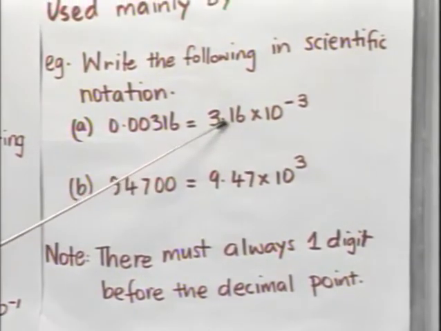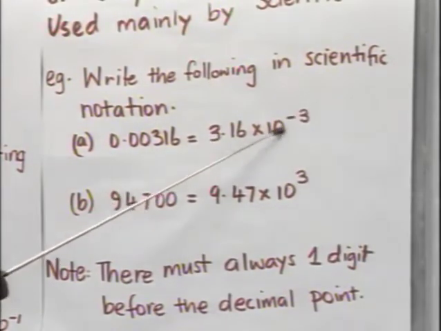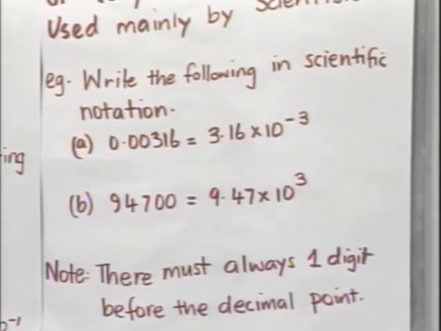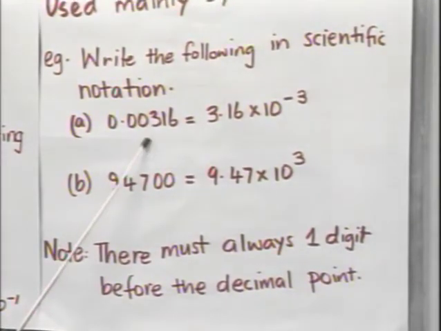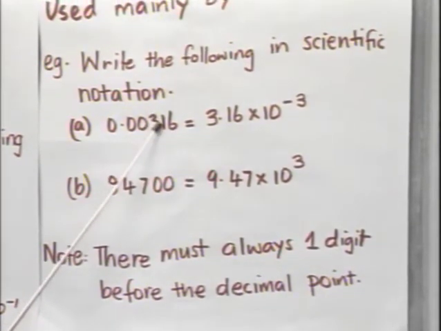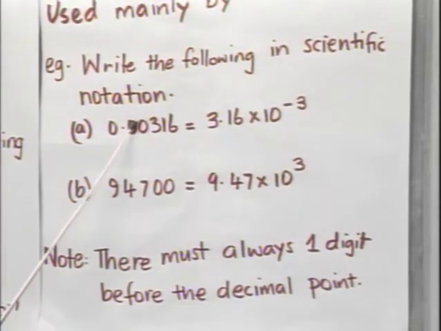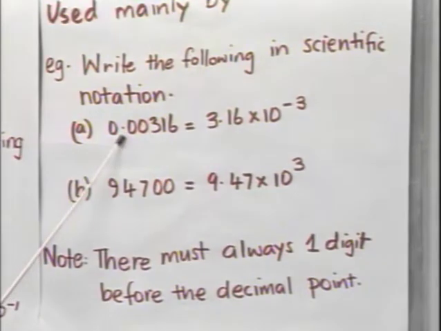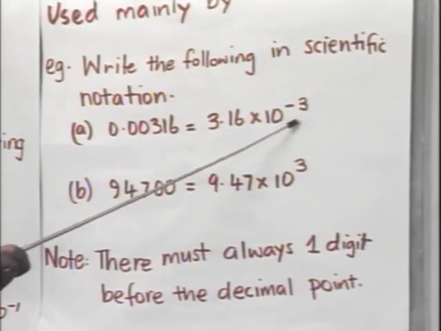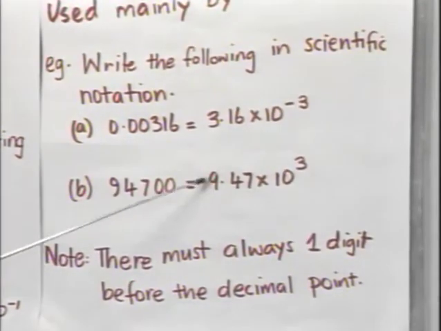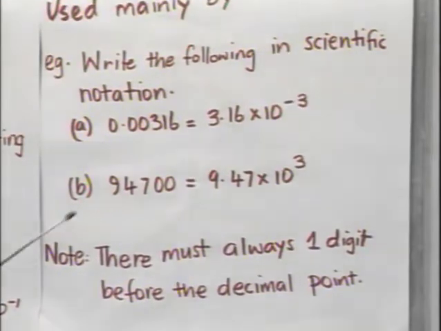So the decimal point goes here. All right, 3.16 times 10 to the power of negative 3. It's negative 3 because you have to get back to this number. From 3.16, if the decimal point is here, you'll have to go back 1, 2, 3 places to the left to get back to this number. That's why it's raised to the power of negative 3. If you move to the right, then it will be raised to a positive power.